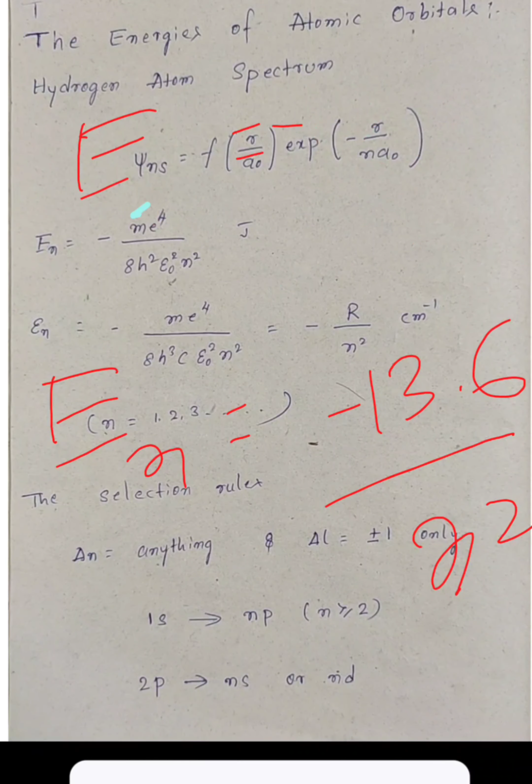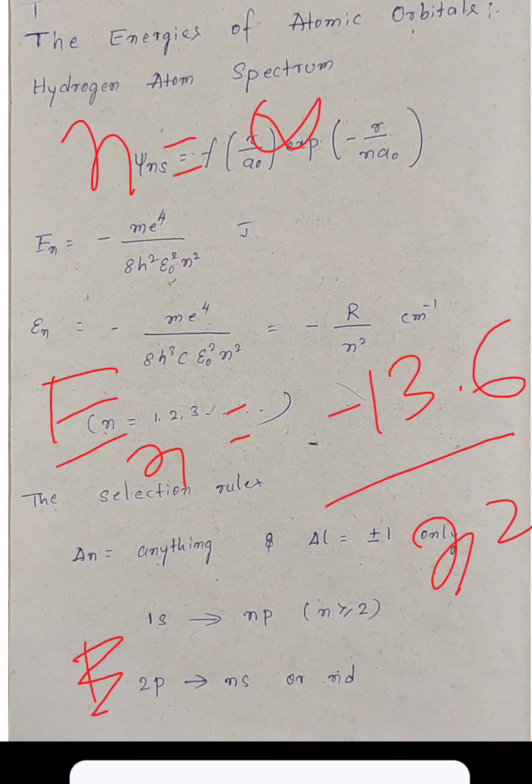Similarly, when n is equal to infinity, what is the value of energy? When n is equal to infinity, En becomes 0. That means the electron is totally outside the nucleus, or the electron is free.